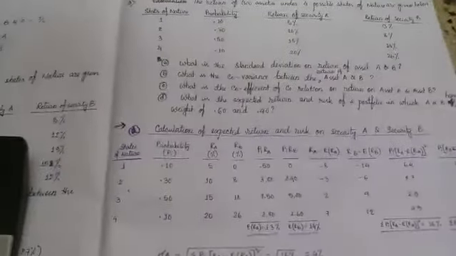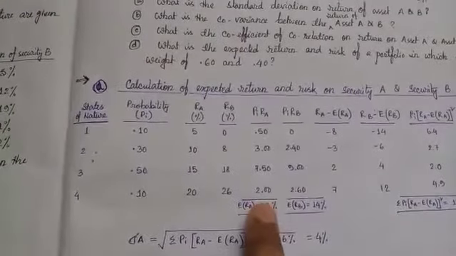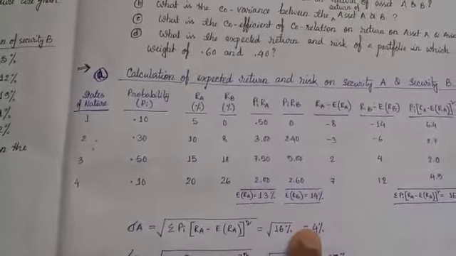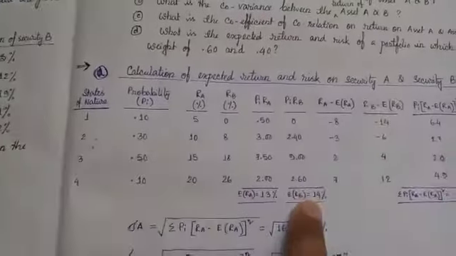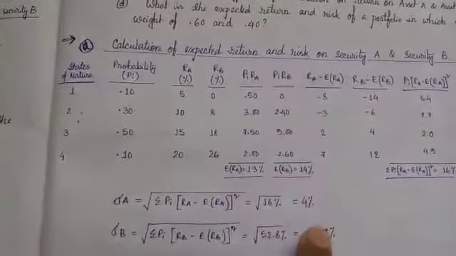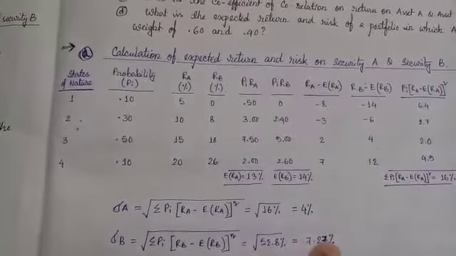Now if we look carefully, the return associated with security A was 13%, risk associated was 4%, return associated with security B was 14%, risk associated with security B is 7.27%.